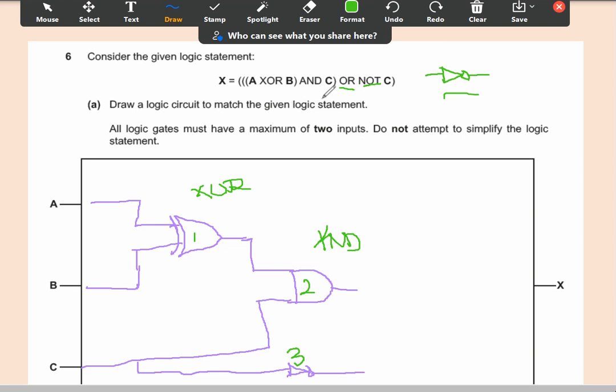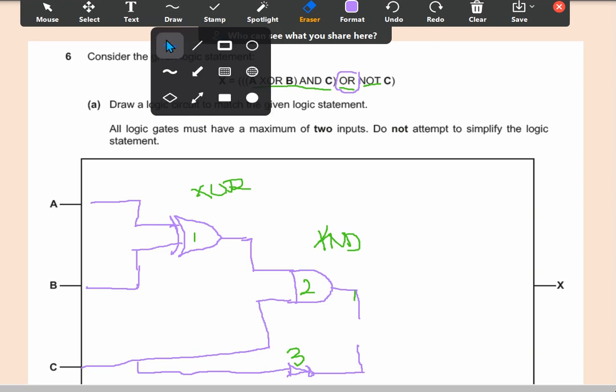And then lastly, we're going to combine all of this together. The AND gate, gate number 2, is combined with the NOT C, gate number 3. Let me try to draw it again here. The statement says it's going to be an OR gate, and the OR gate looks this way.